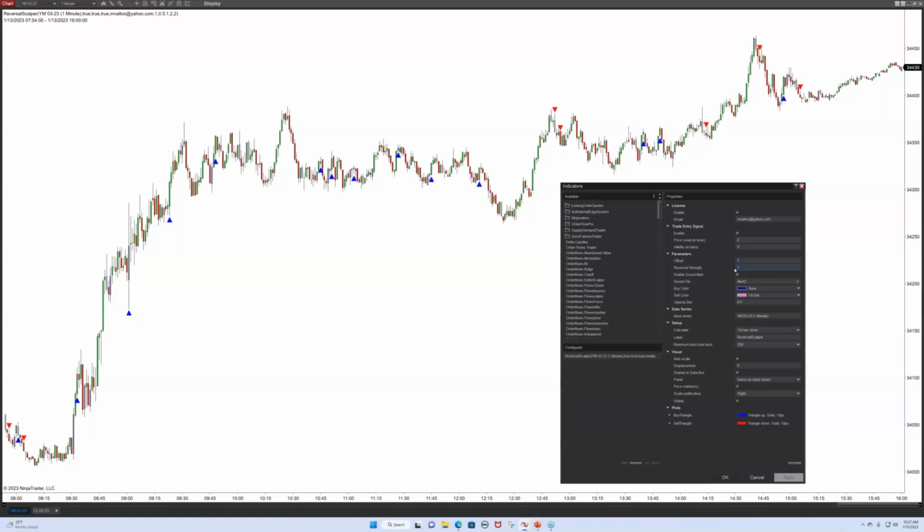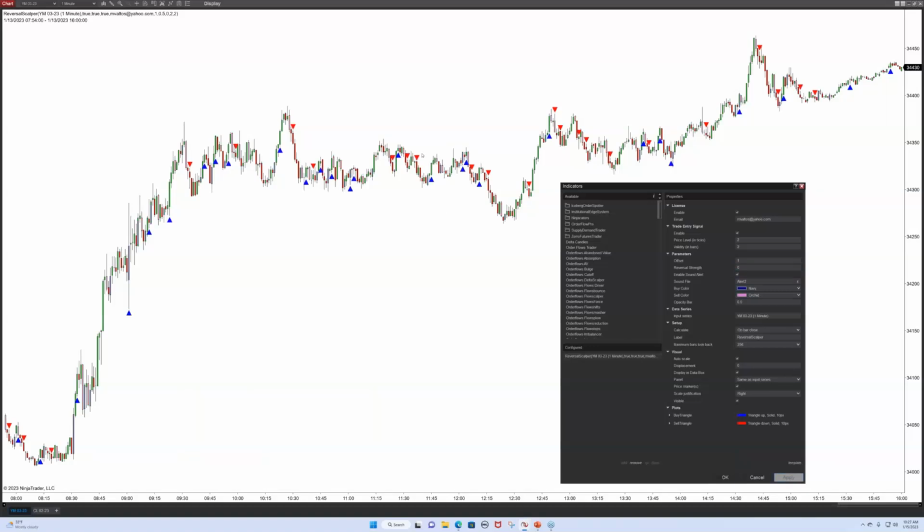If you go with a slightly higher reversal strength, say 2, it's going to remove a few of your signals. Go to 3, it's going to remove a few more of your signals. Then you should try it also with trade entry signal on with your base reversal strength of 0 as well.